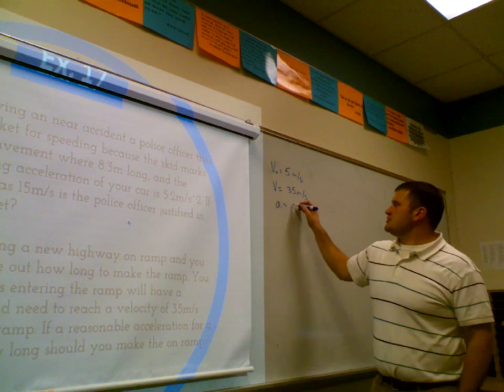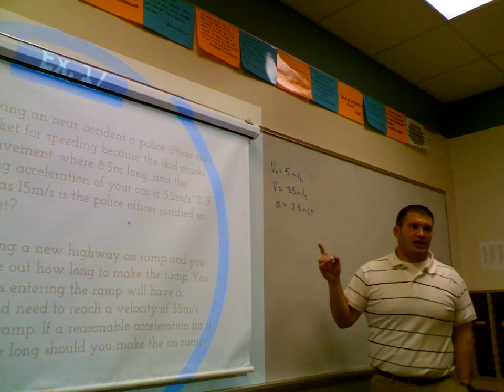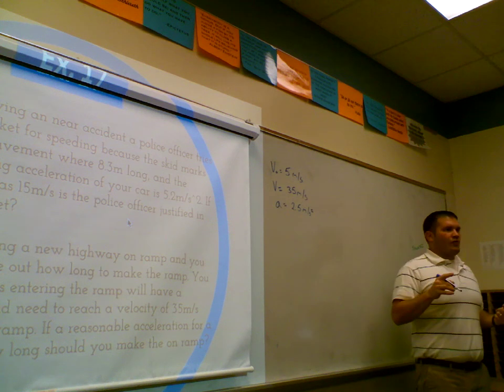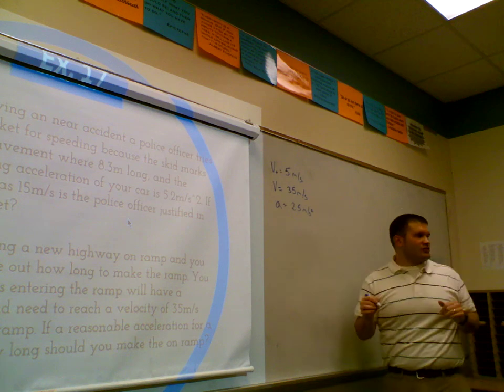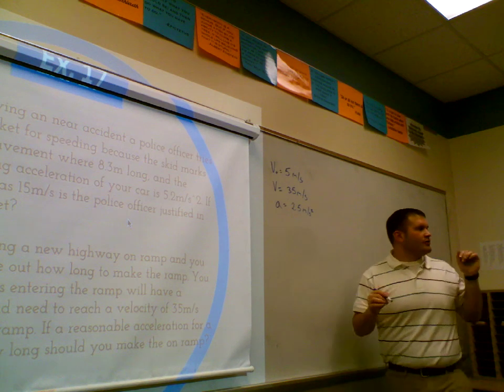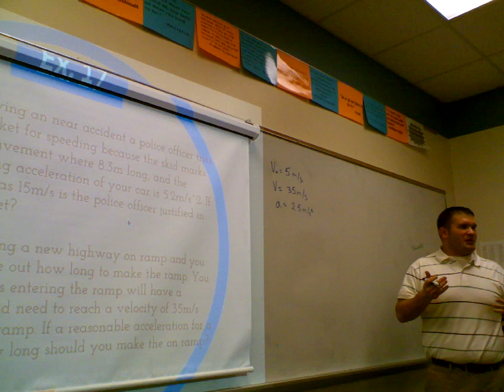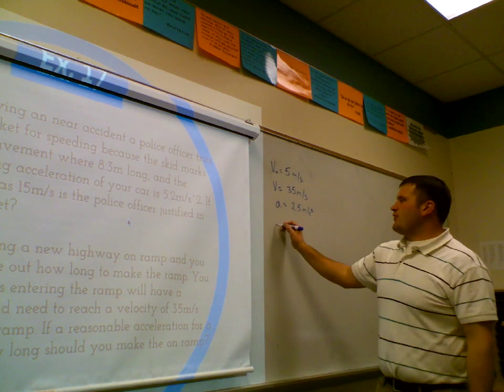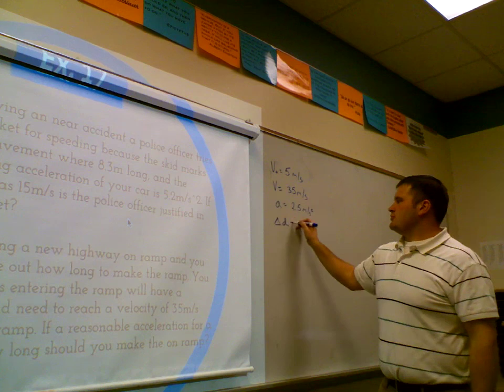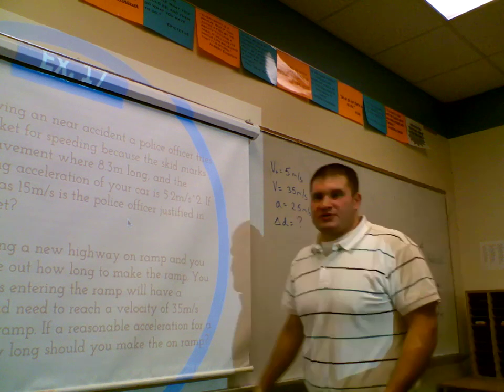Acceleration is 2.5 meters per second squared. Now, is this acceleration positive or negative? Positive. Good. We're going faster. I appreciate your enthusiasm there, Caleb. We're increasing speed, right? What else do we know? That's it. What are we trying to find? The displacement, the change in position, right?